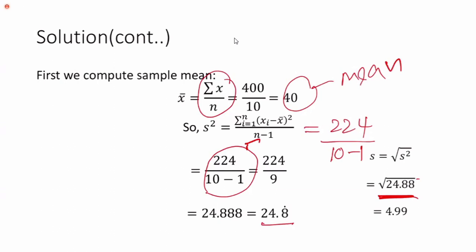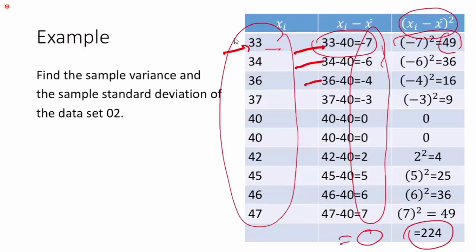So how do you interpret the result we got? What do you mean by the variance or standard deviation? If you can remember, yesterday also I explained it. Here we have found the variance as 24.8. That means for this data set, the mean was 40.